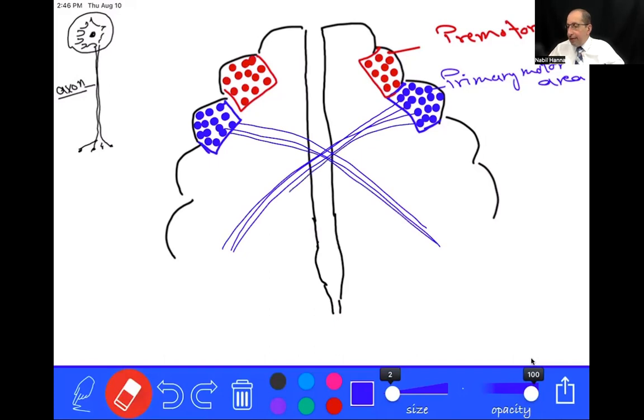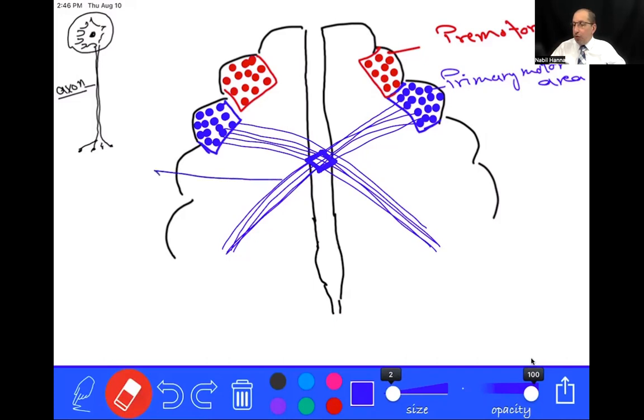And this area of decussation is going to look like a pyramid, hence the name pyramidal tract. So look at this area of decussation. It looks like a pyramid. So we call these nerve fibers pyramidal tract.